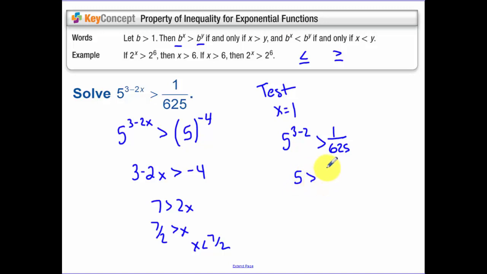Is that going to be greater than 1 over 625? Well, 1 over 625 is a really small number. 5 is a really big number. So that's true. I was just checking to make sure my answer was right. So our answer is x is less than 7 halves.